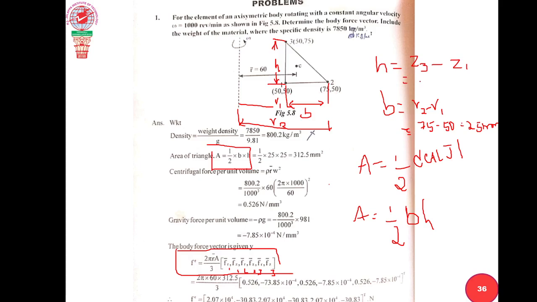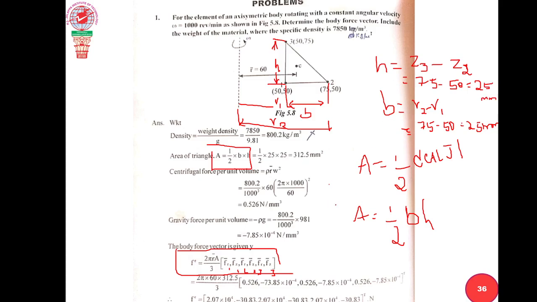Okay, let it be Z2 only, no problem. So this is 75. Z2 is how much? 50. That becomes 25.